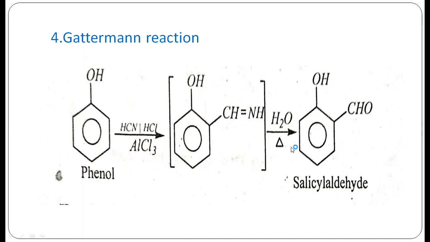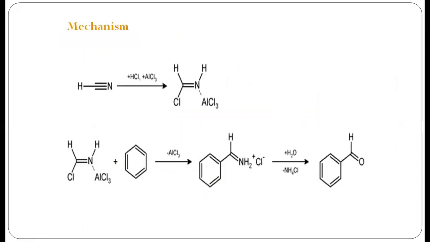Any aromatic compound reacting with hydrogen cyanide in the presence of HCl and AlCl3 gives benzaldehyde or a substituted aldehyde. If you see the mechanism of the Gattermann reaction, the reactant is hydrogen cyanide, HCN. When it reacts with HCl in the presence of AlCl3, the nitrogen, which has a lone pair of electrons, donates electrons to the Lewis acid, because the aluminum in AlCl3 has a vacant orbital.